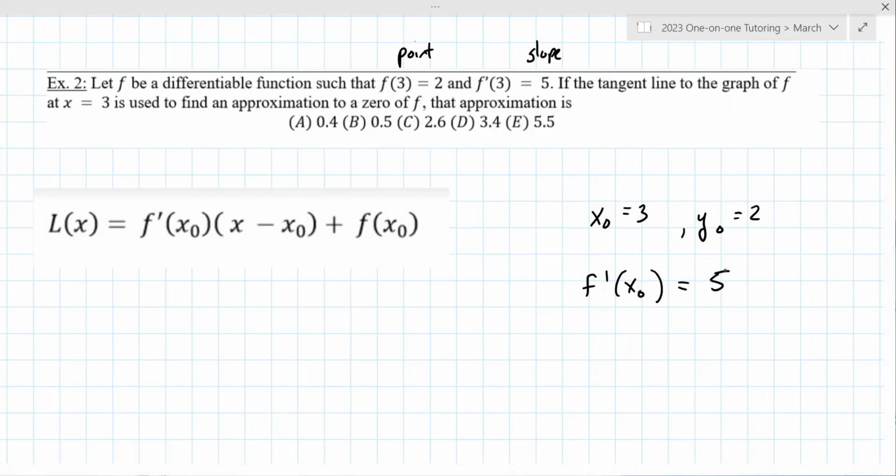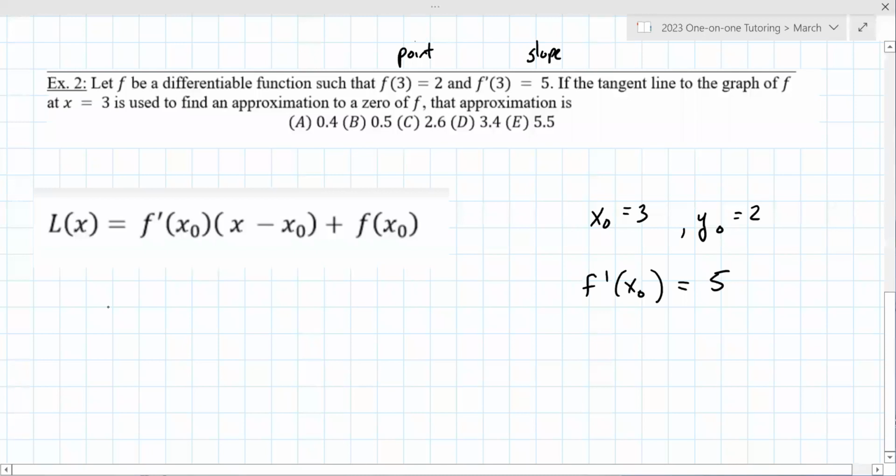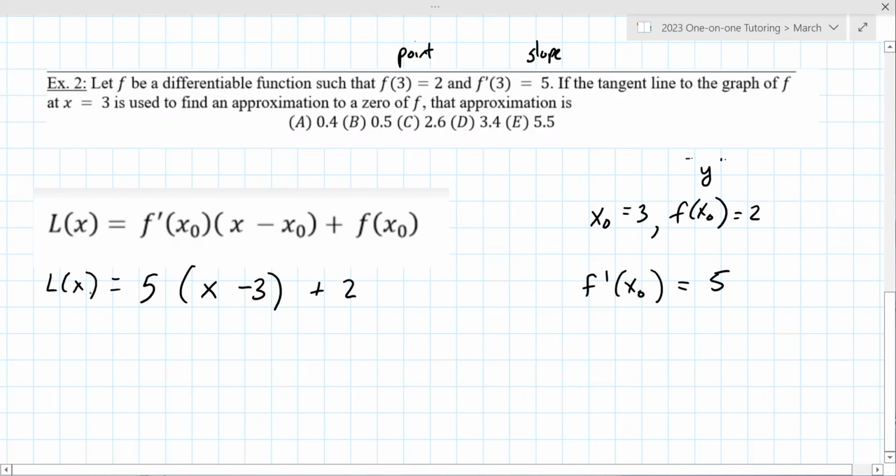Is that okay? Yes. But wait, where does the y0 even go? Oh, sorry. They're not using that. They're using this other notation f of x0, which is y. But yeah, so 5 times x minus 3 plus 2 is the linear approximation.